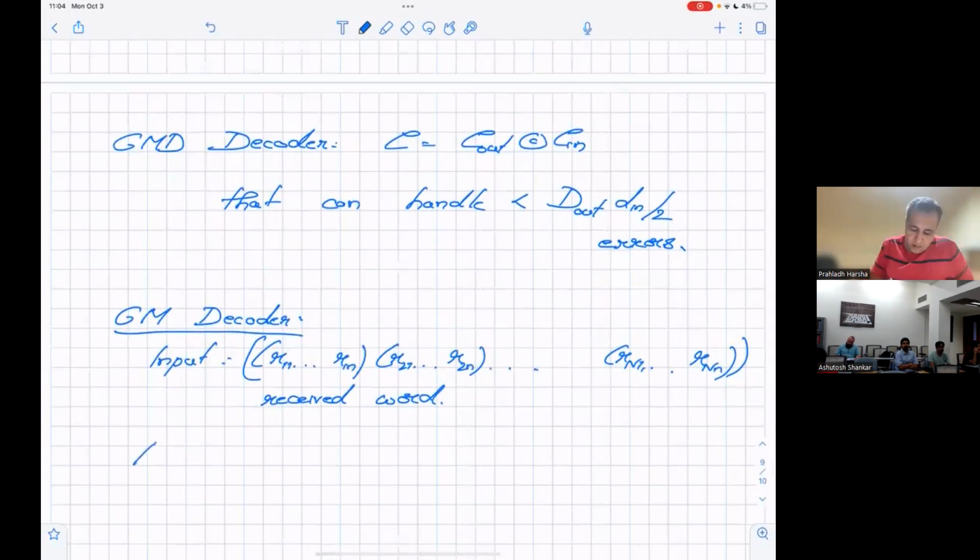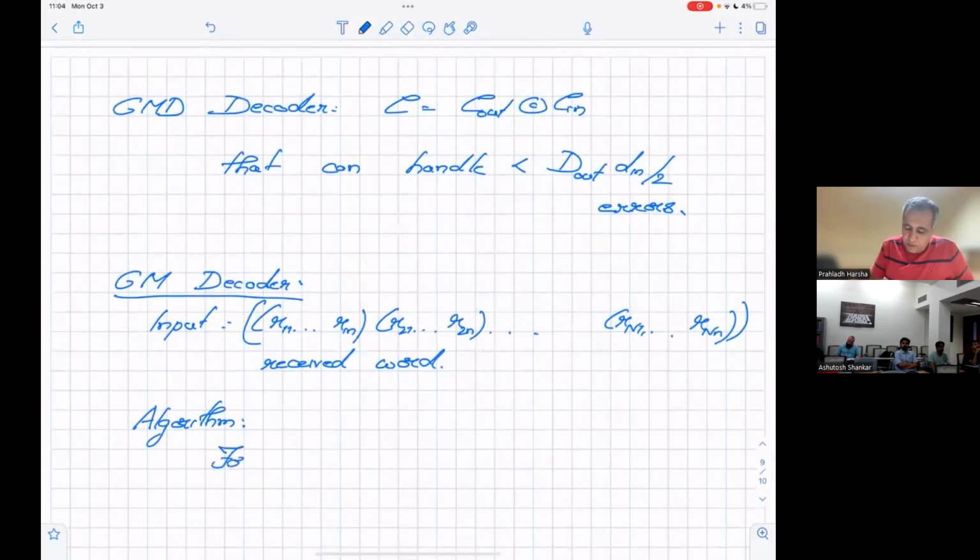So the algorithm. For each i in N, it's first going to run the inner decoder.